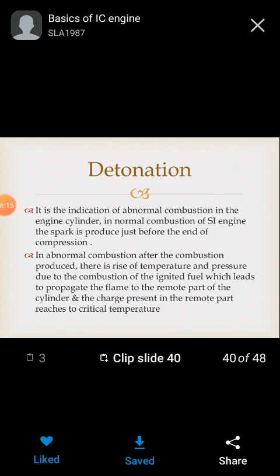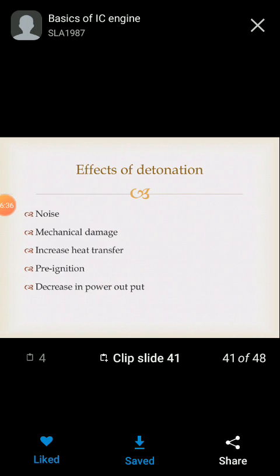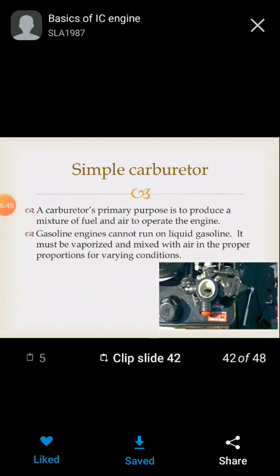In abnormal combustion, after the combustion is initiated, there is a rise of temperature and pressure due to the combustion of the ignited fuel, which propagates the flame to the remote part of the cylinder, and the charge present in the remote part reaches the critical temperature. Effects of detonation: noise, mechanical damage, increased heat transfer, pre-ignition, decrease in power output.